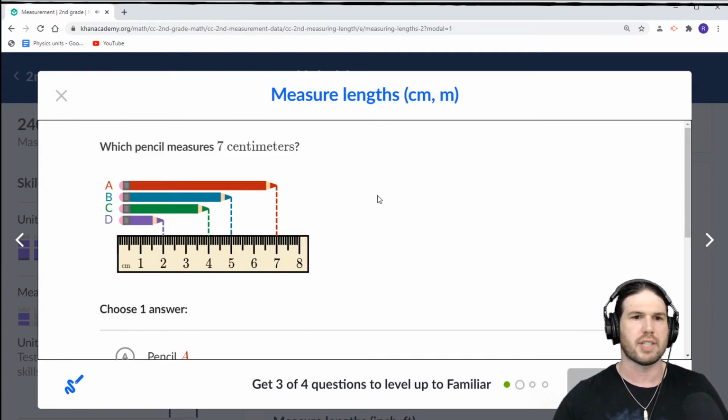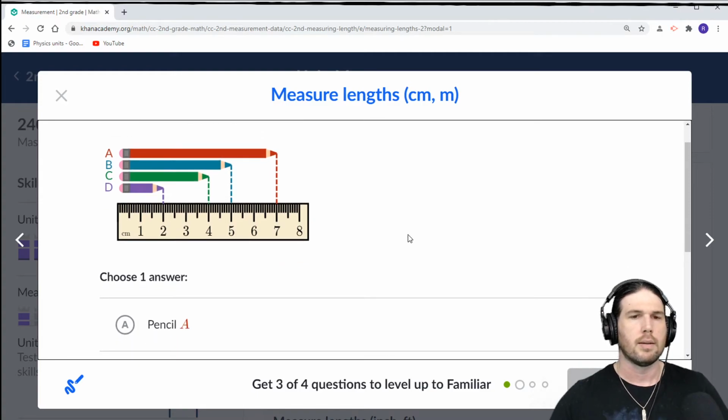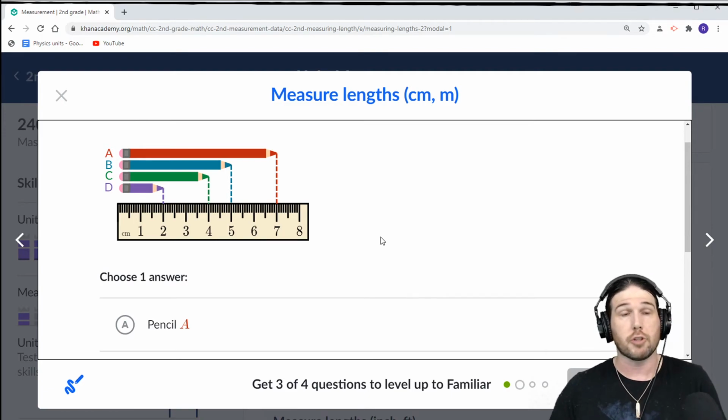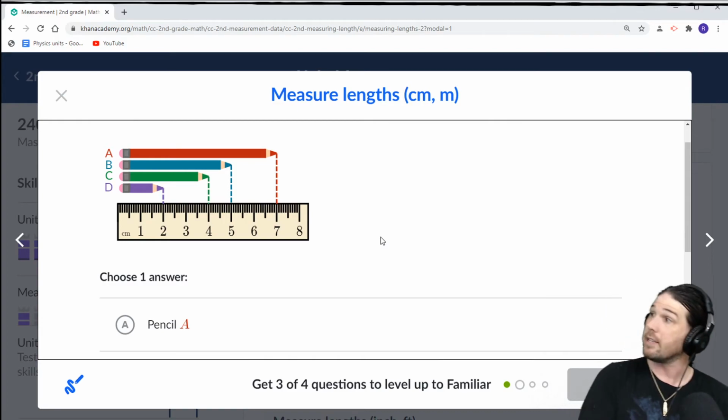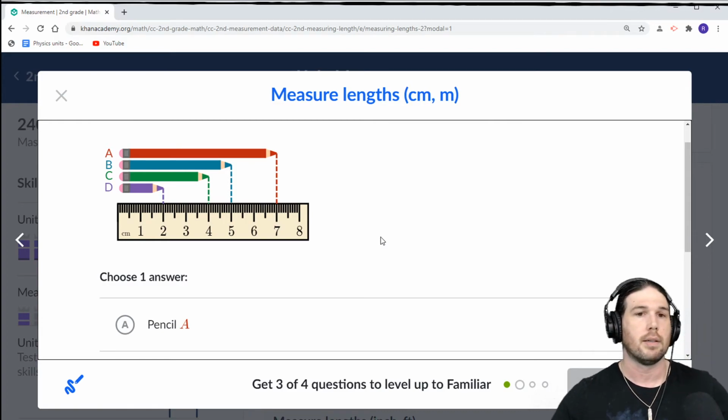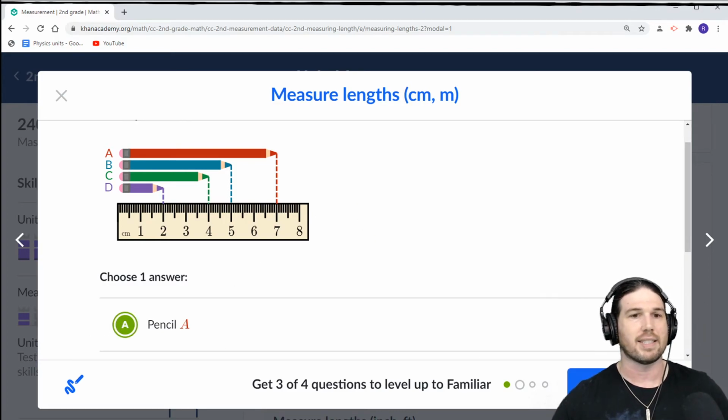Which pencil measures 7 centimeters? And again, this looks an awful lot like a bar graph or a picture graph to me, just one of the sideways ones. And not all bar graphs go up and down, right? In our section on bar graphs, we saw left and right bar graphs, and these pencils look an awful lot like that. Looks like pencil A is the 7 centimeter one.